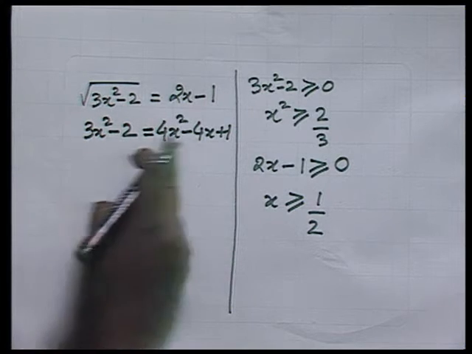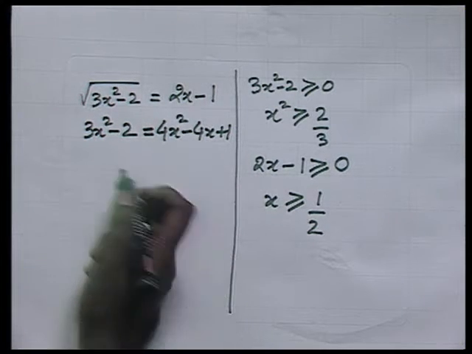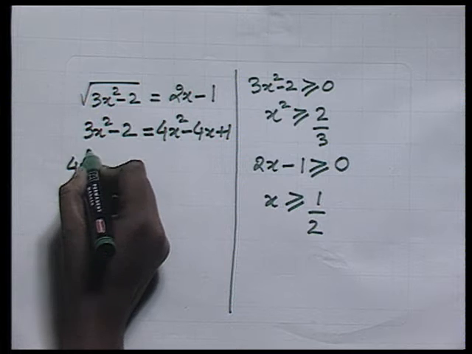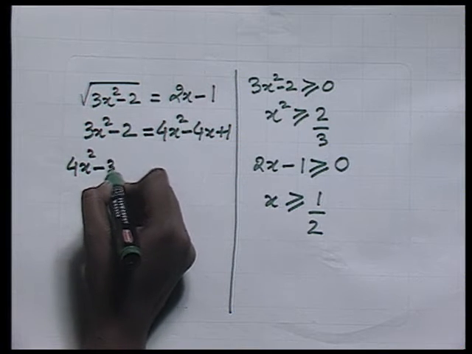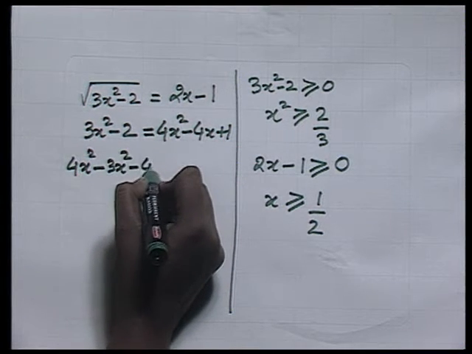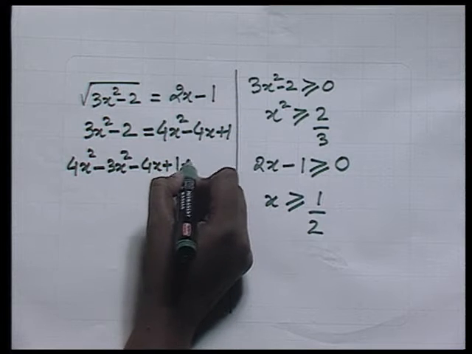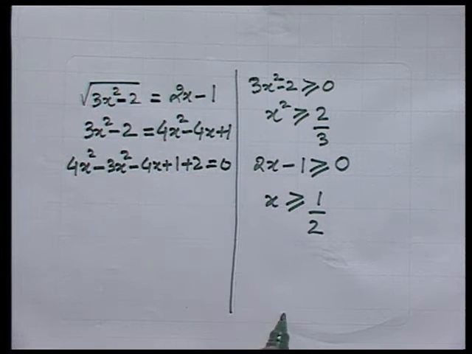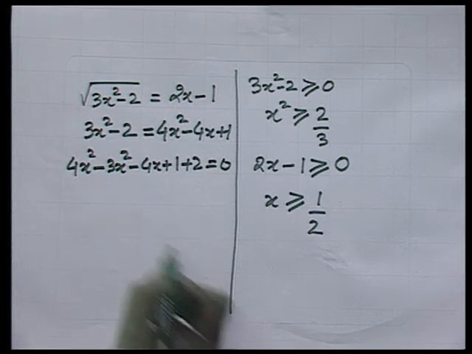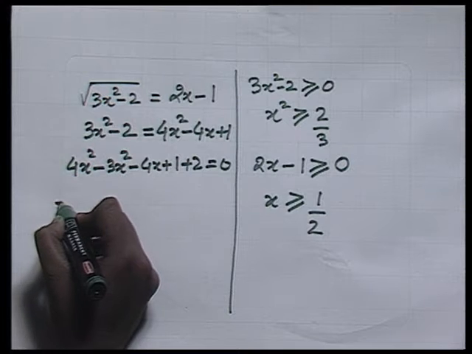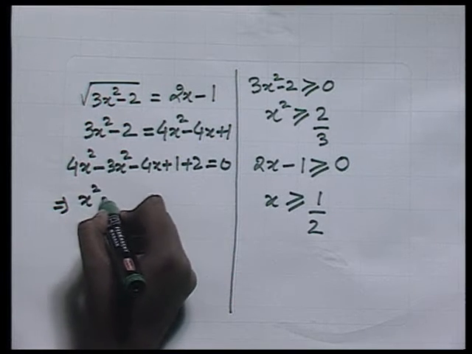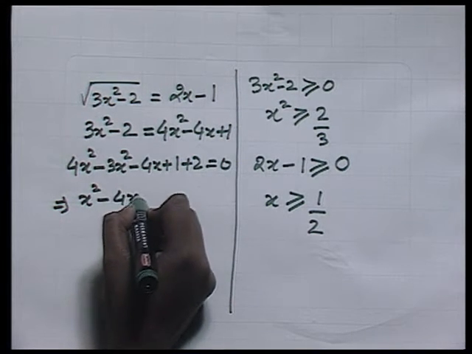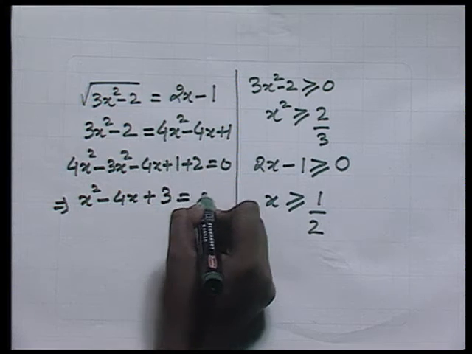Taking these terms to the right hand side of the equation, we get 4x square minus 3x square minus 4x plus 1 plus 2 equal to 0, which can be further simplified, and we get the final equation as x square minus 4x plus 3 equal to 0.